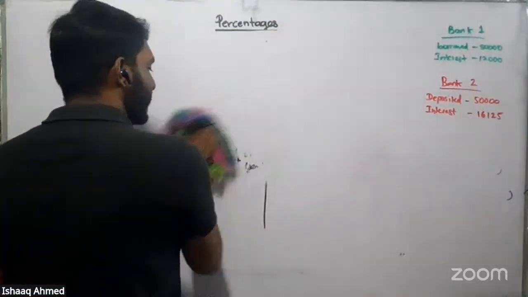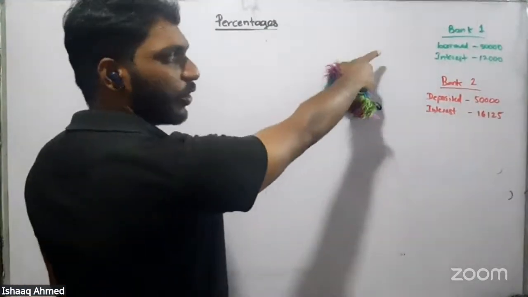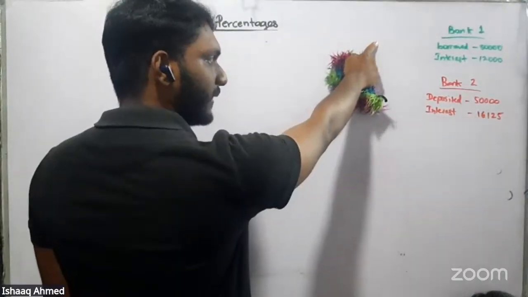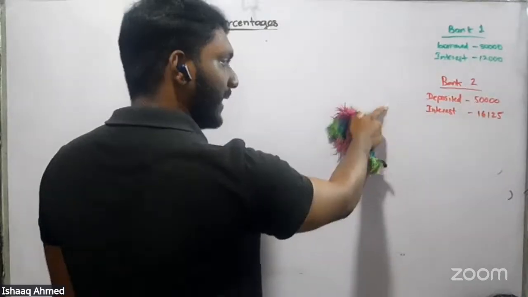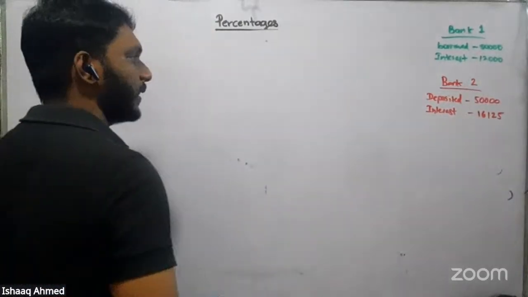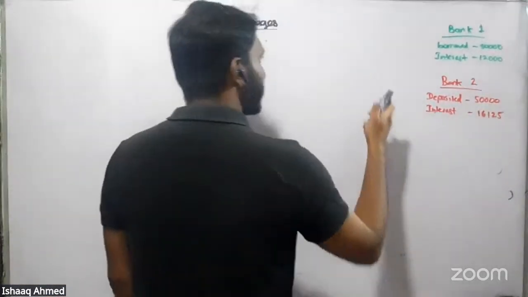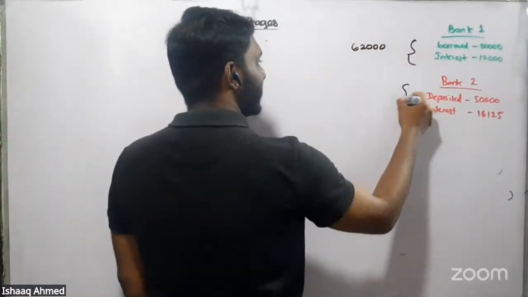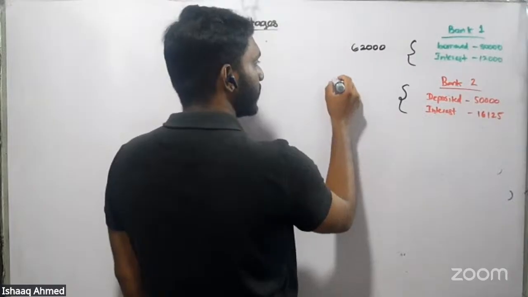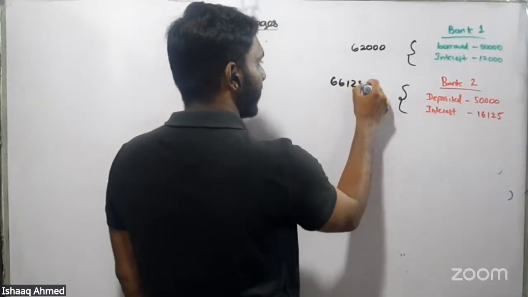Now after the 2 years ended, he still owes the bank 12,000 and 50,000. And now in the other bank he has 50,000 and an extra 16,125. So how much does he owe the bank? 62,000. How much does he have in his second bank? 66,125.